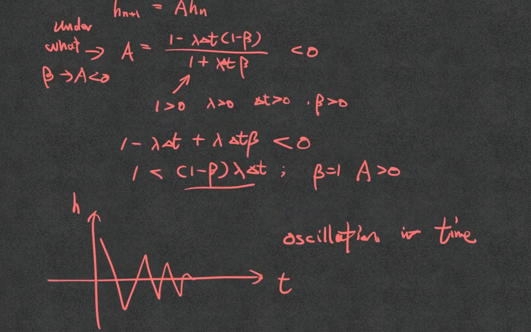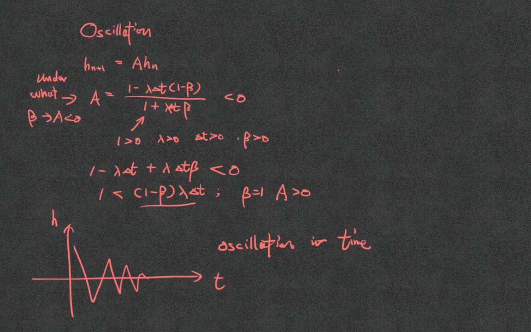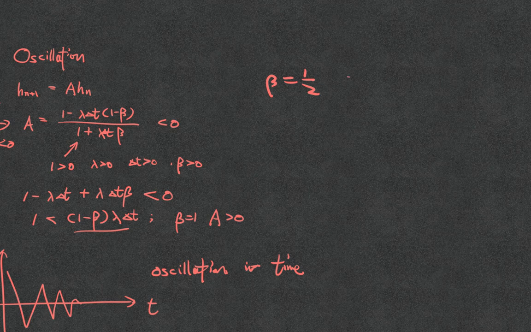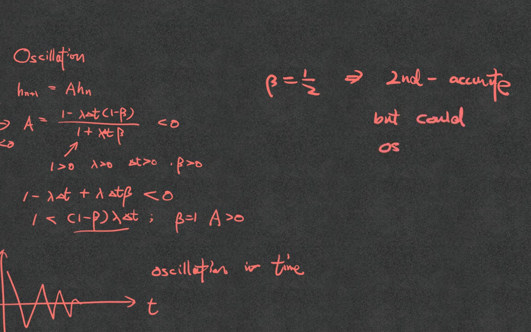Now in summary, I have 2 choices. Beta equals 1/2, and that one would be second order accurate, but could actually oscillate. So this is one choice. I want it to be more accurate, but then the numerical algorithm may suffer from some oscillations.